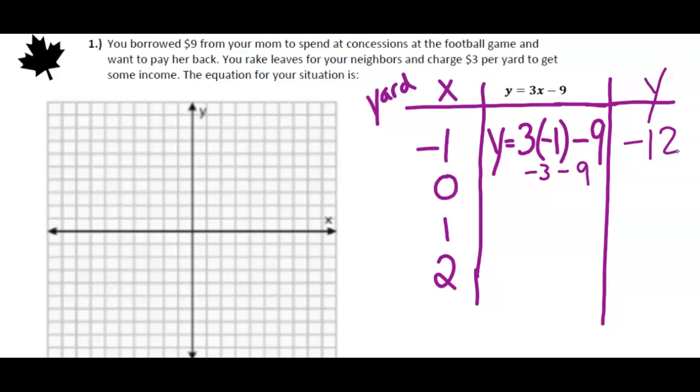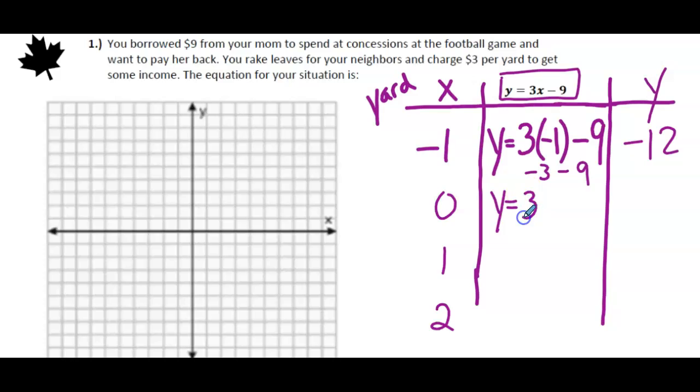Now, I want you to do 0, 1, and 2. We'll do them together. But we're always going to do 0, 1, and 2. I just want to move them down a little bit so they fit. Okay? So 0. I'm going to take my equation. Where did I get that equation? Right here. Y equals, my 3 is defined.